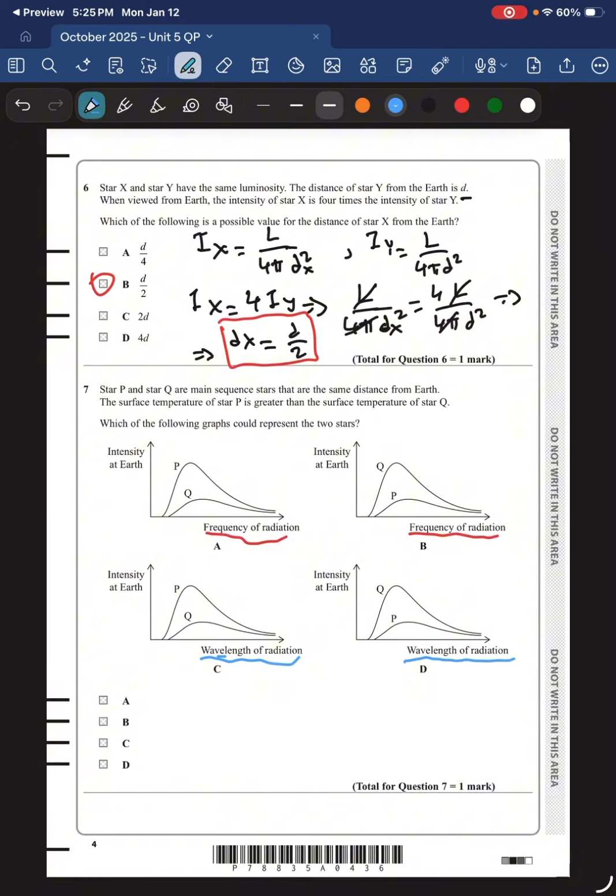In case we're given the wavelength, if we focus on this graph C, we know that the temperature of P is larger than the temperature of Q, and the peak radiation is at a lower wavelength as expected. So this is obviously wrong.